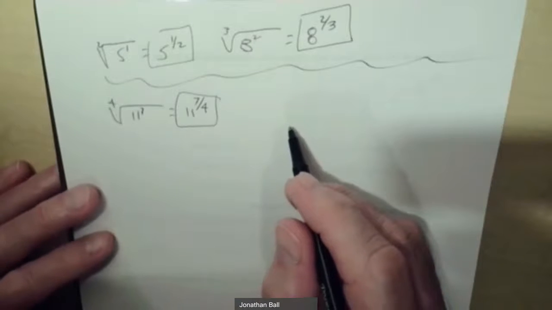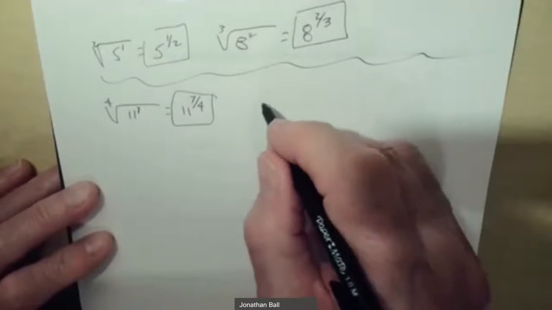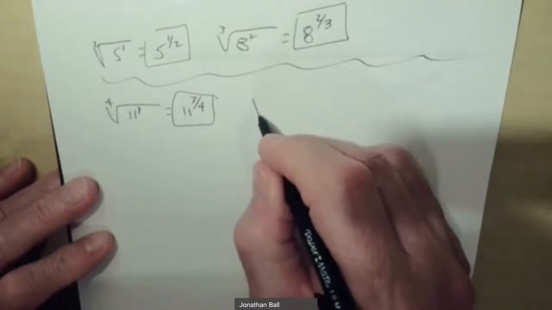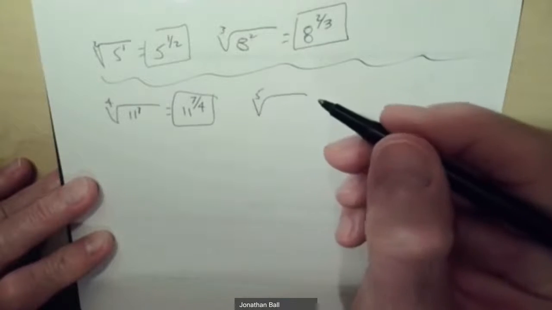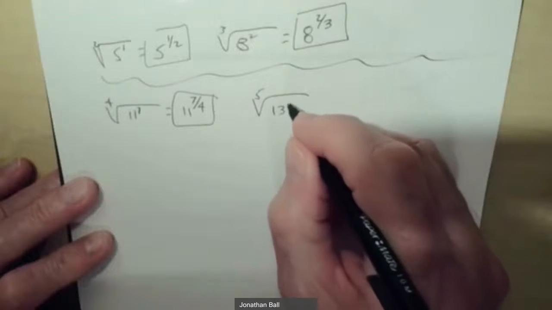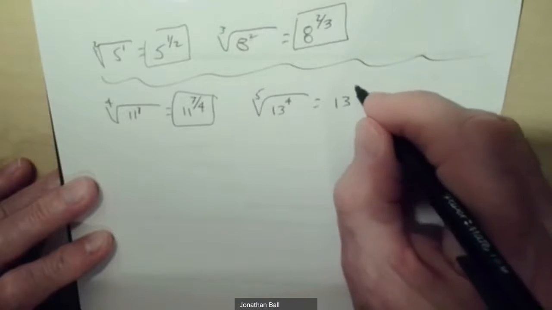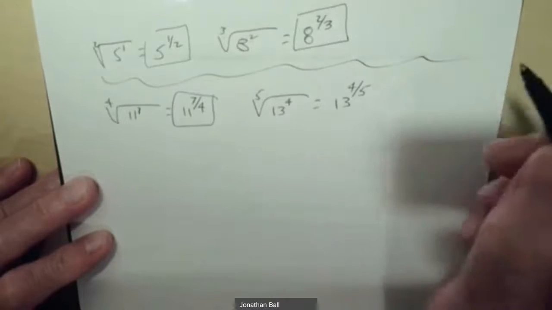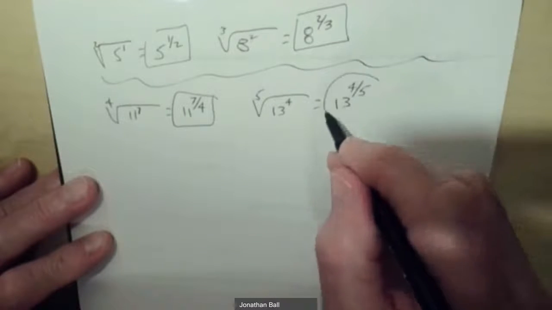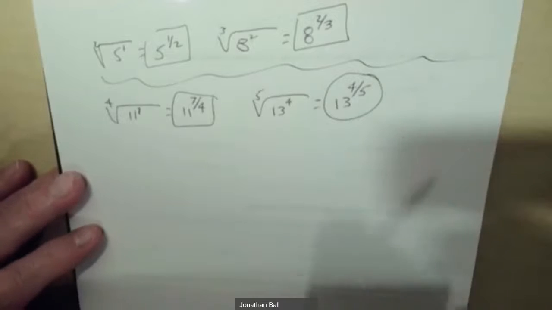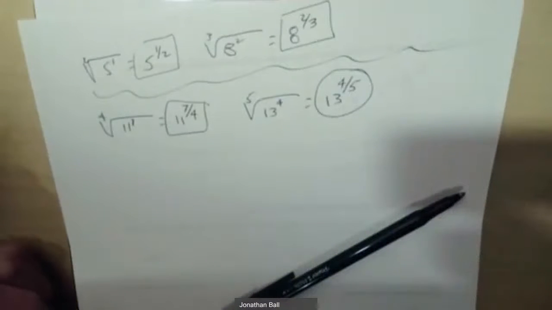And if we have the 5th root of 13 to the 4th power, this is 13 to the 4/5. Not super duper whiz bang important, but it is one of those things that you'll see from time to time.